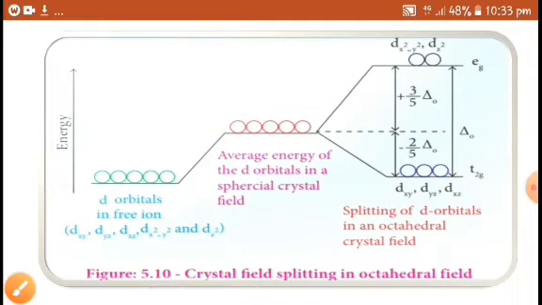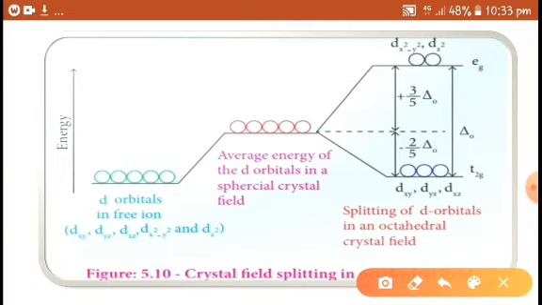The splitting of d orbitals in an octahedral crystal field gives Eg and T2g.